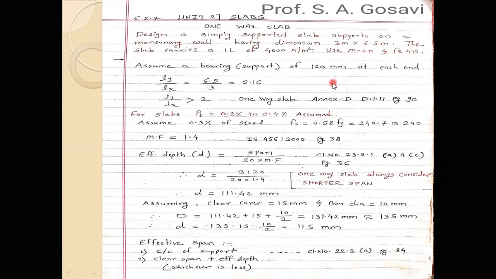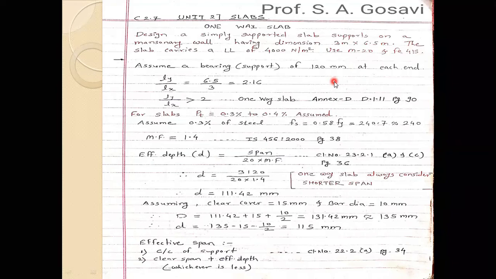Okay. Now here if you read the problem carefully, what they have given: design a simply supported slab, supports on a masonry wall. So it is supported on the wall, and having dimensions 3 meter by 6.5 meter. So your shorter length is 3 meter, length in X direction. You almost always take the length in X direction as the shorter length.